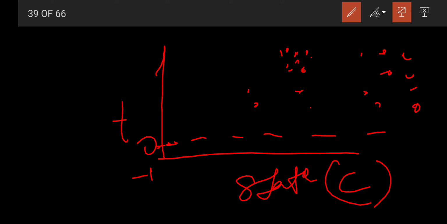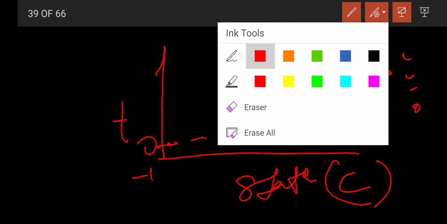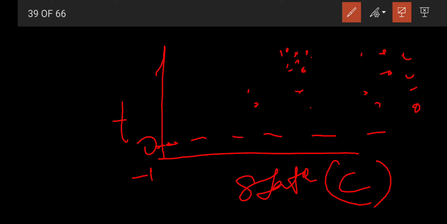Now see, let me take this one. So at 0 degrees Celsius, when heat is provided, the heat will be used in dissociating these particles away from each other, right? The particles will move further away and transform into liquid.